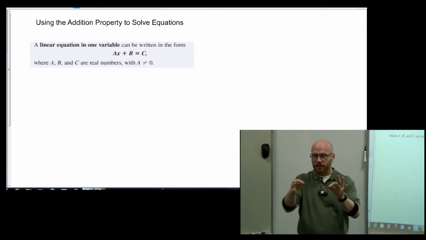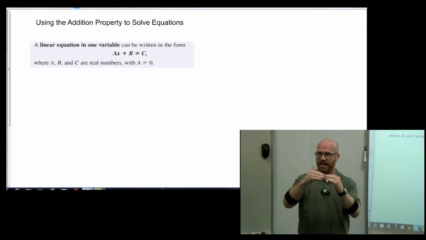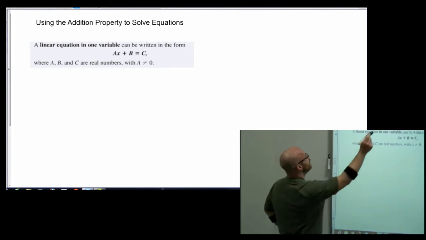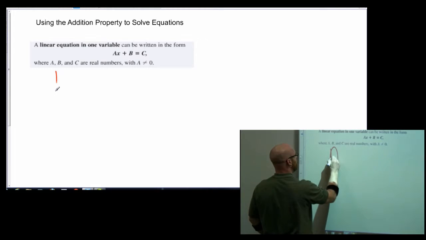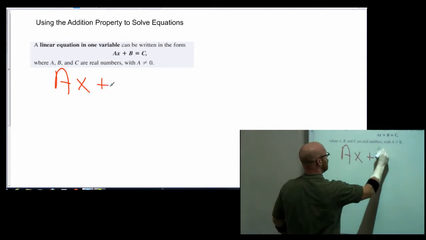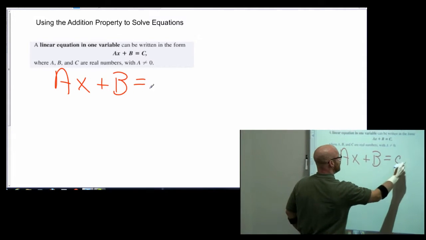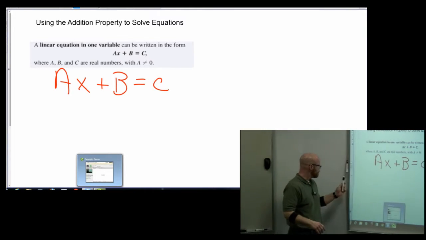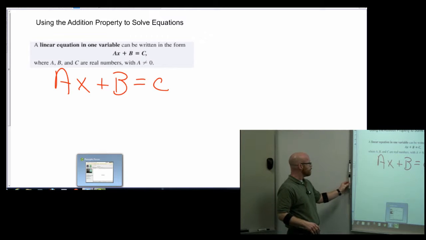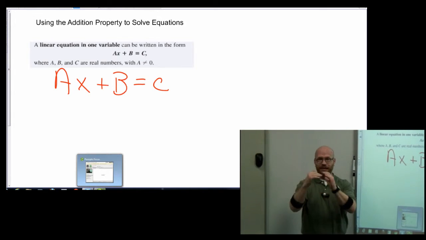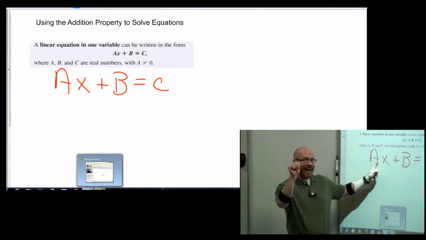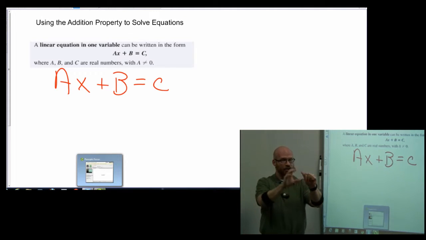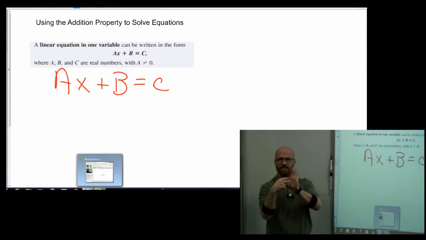Linear equation means... Here we have ax plus b equals c. A, b, and c are numbers. A is the coefficient for that variable term.